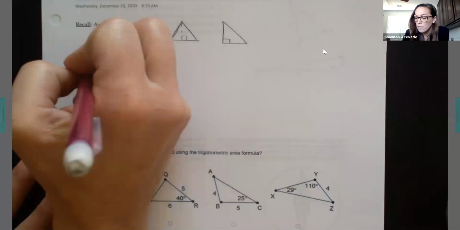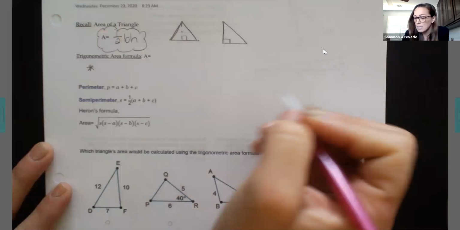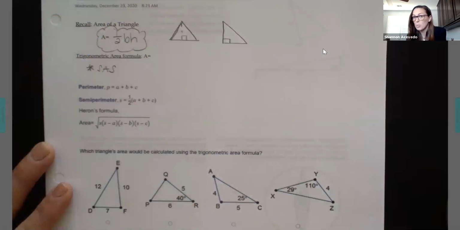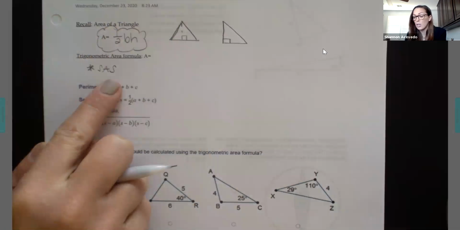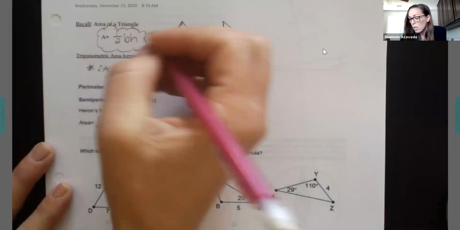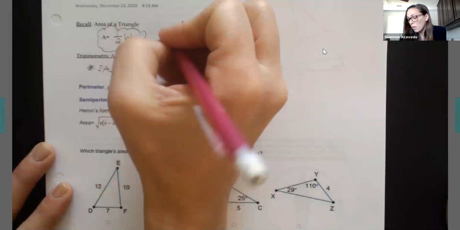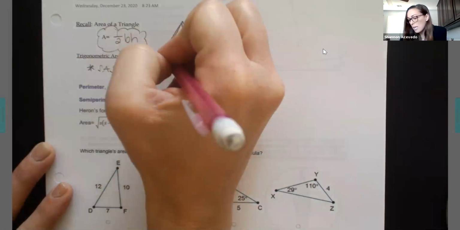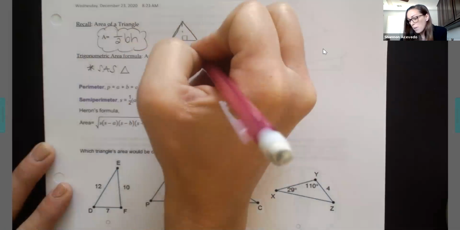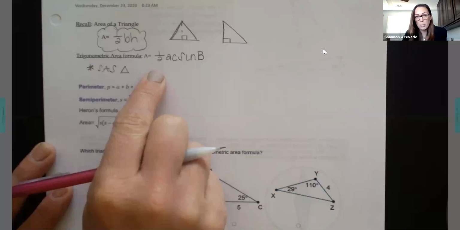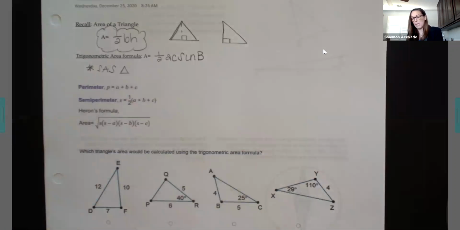And this works if you're given a side, angle, and side of any kind of triangle. So it doesn't need to be a right triangle. If you know the side, angle, and then side, so you know the two sides and what we call the included angle of a triangle, then you can use this formula that is 1/2 AC sine of B. So that's the two sides, and then that's the angle in between them, whatever variables they might be.